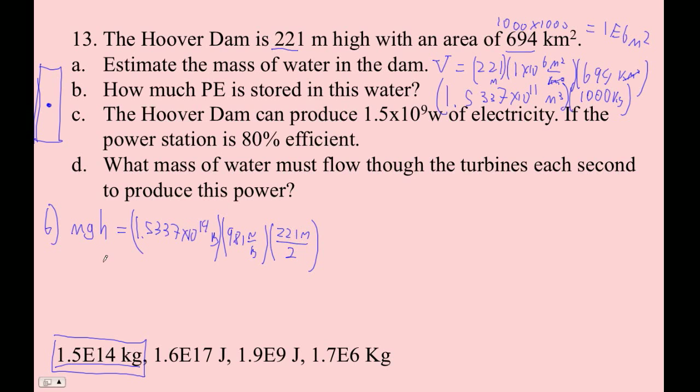So that times 9.81 times 221 divided by 2, half of 221, and I get 1.66258 times 10 to the 17th joules, which would really be 1.7.